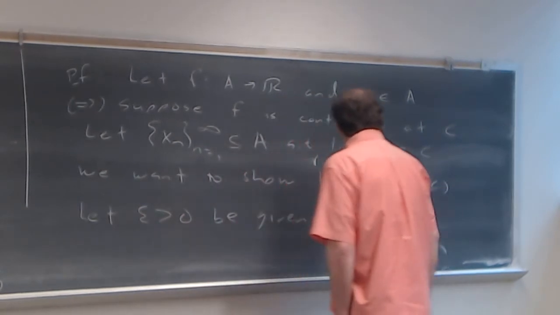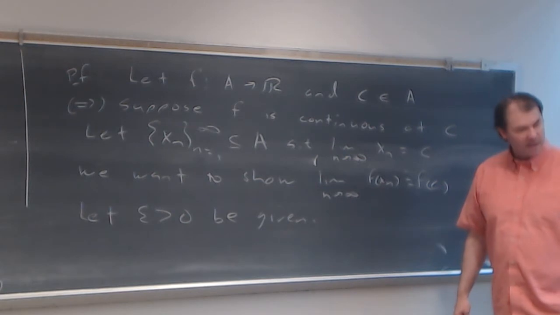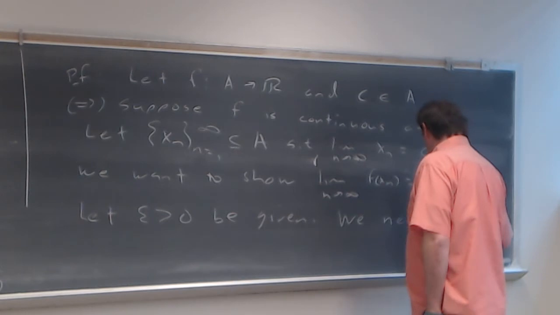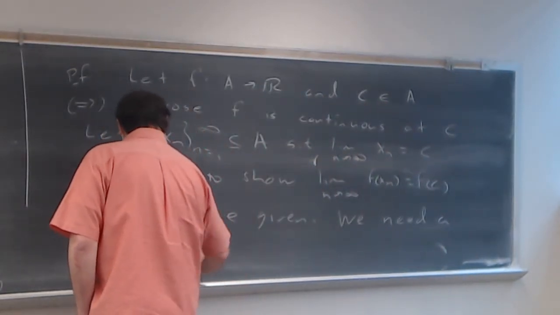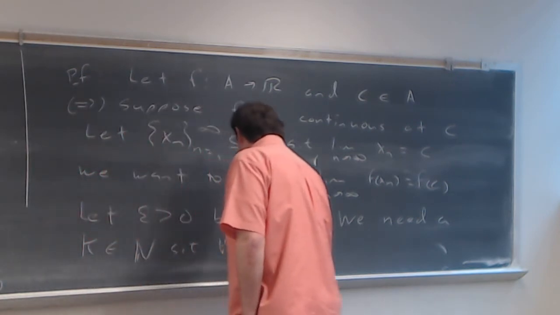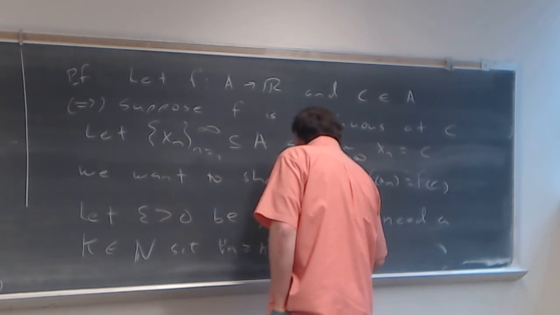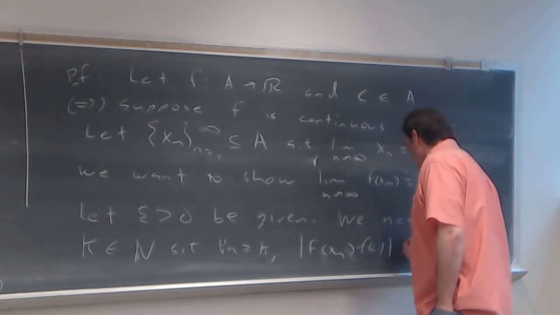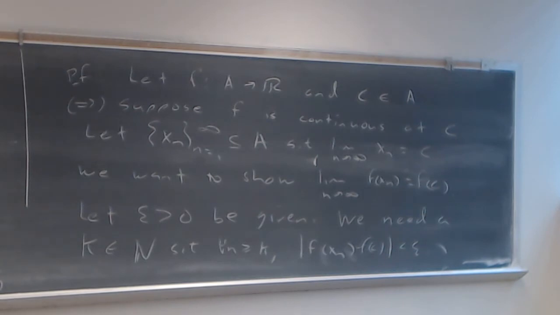And to show that a sequence converges, we need a K. That's right. There's a natural number K such that for all n bigger than or equal to K, the absolute value of f of x_n minus f of c will be less than epsilon. So I'm looking for this K.